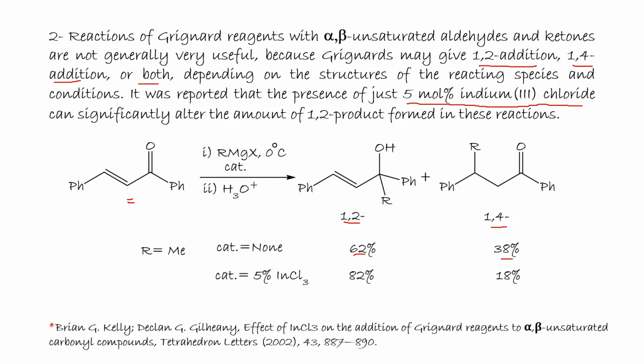In the presence of 5% indium, the 1,2 addition increased to 82%, and 1,4 to 18%. You can find more information about this reaction in Tetrahedron Letters 2002, Volume 43, page 887.